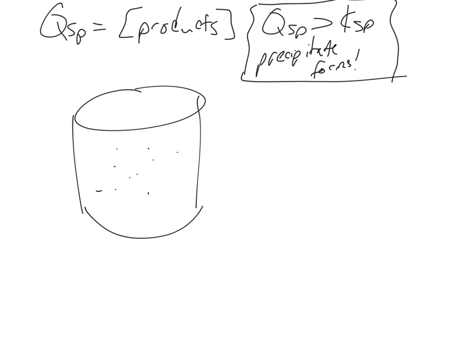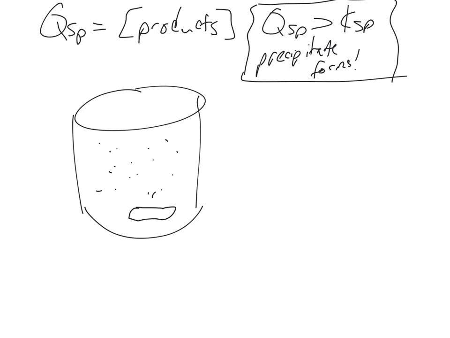Now, you really don't have to think about this too much. Just remember, if you have very few ions in solution, a very low concentration of ions, they're just going to kind of hang out by themselves. But as soon as you try and reach the saturation point with more and more ions, at some point they're going to start precipitating and creating a solid at the bottom.